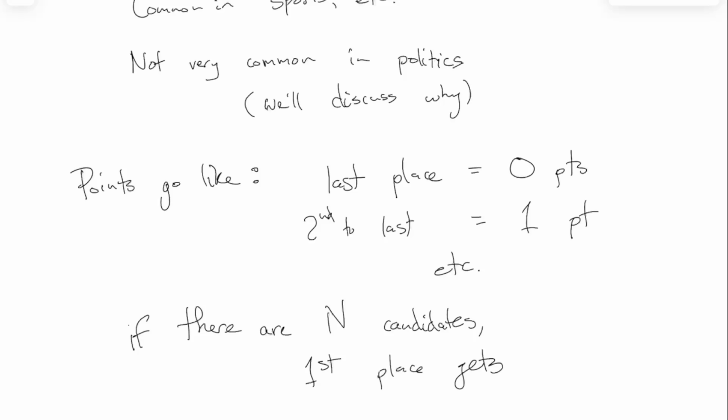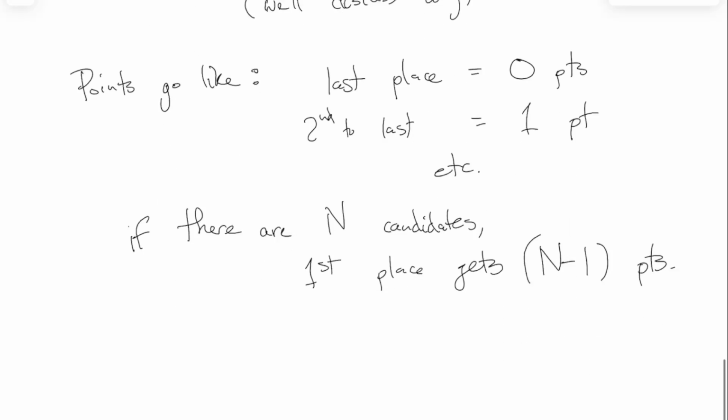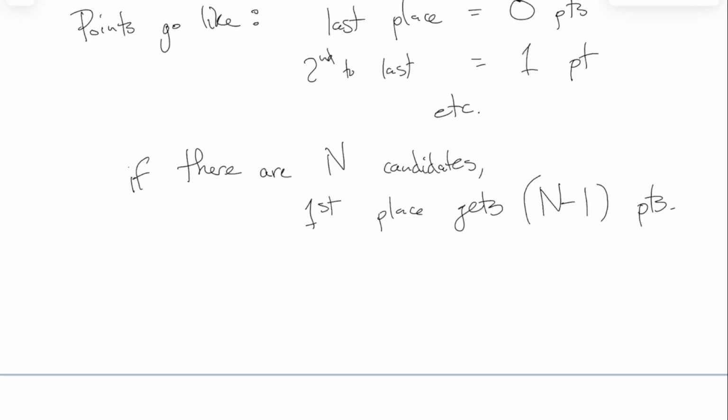Since you're starting at 0, the first place gets n minus 1 points, because when you count up to n, you'll be 1 less. I don't know if it sounds complicated when I say it this way. It's not complicated at all. Let's just try an example.